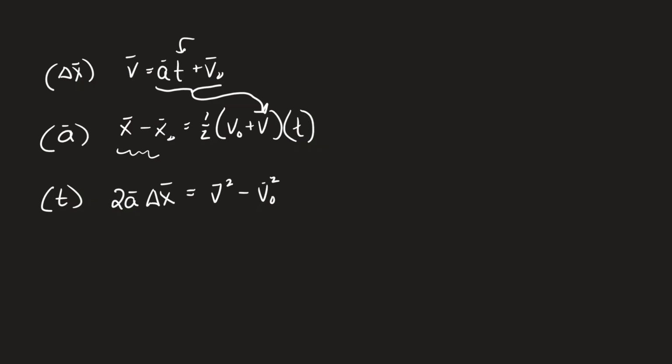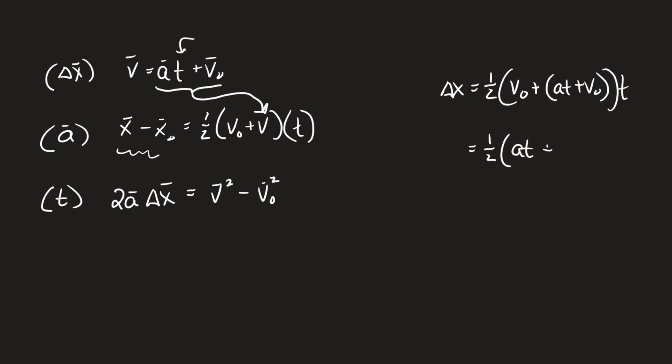When I do that, I'll get delta x equals 1/2 (v naught plus at plus v naught) times t. Now, I'm going to simplify by expanding this out. The first thing I will point out is I can write everything in parentheses as at plus 2 v naught, because there's 2 of them.